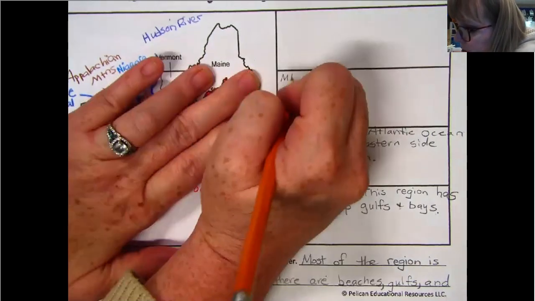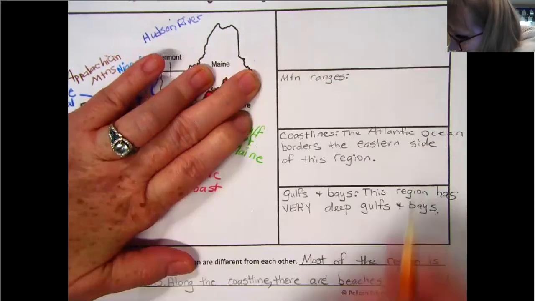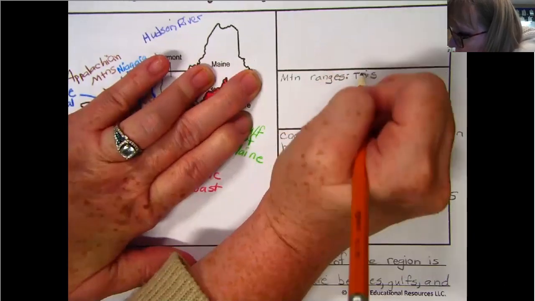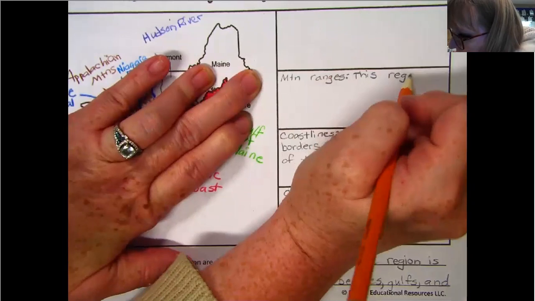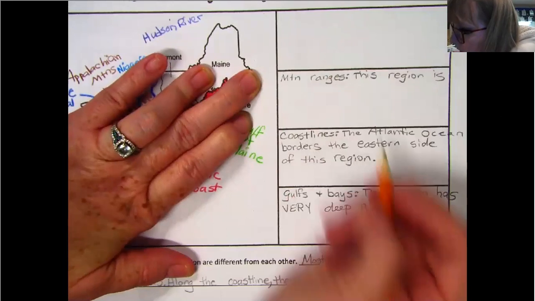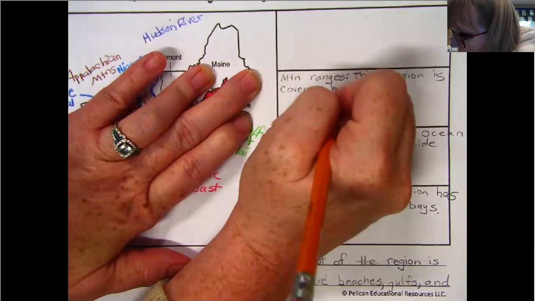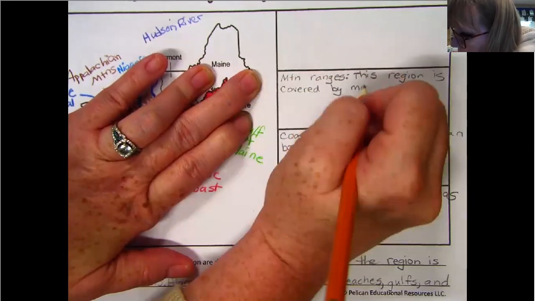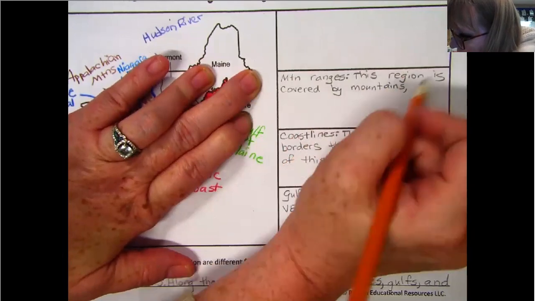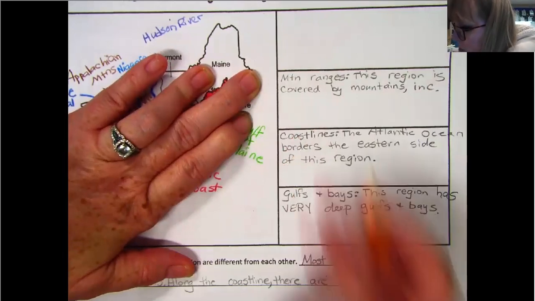Mountain ranges. This region is covered by mountains, including, so INC stands for including, the Appalachian Mountains.